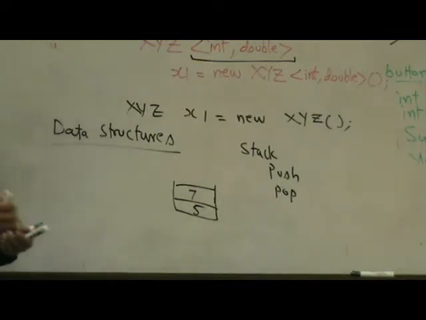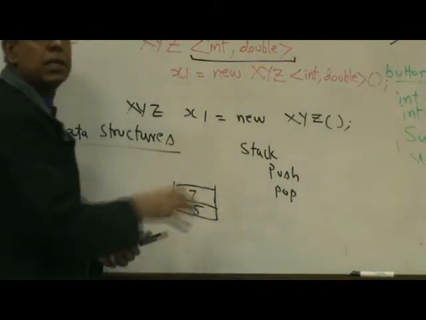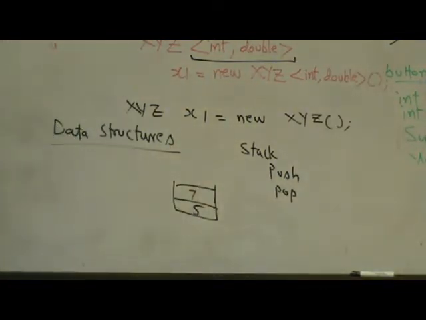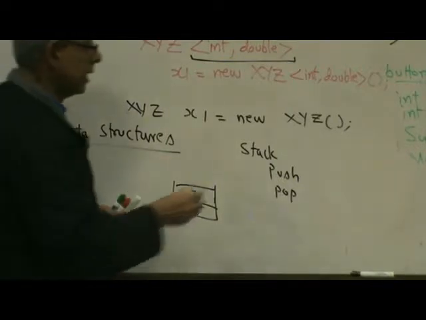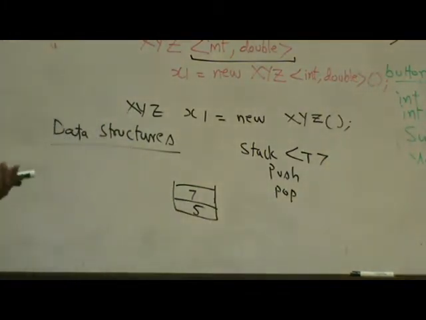So what if you wanted a stack of strings? Rather than creating a class where the data type of the storage keeps changing, what if you wanted to create a stack of students, class object? As you can see, if we created the stack as a complete generic class, then the caller can say create a stack of int, create a stack of double, right?